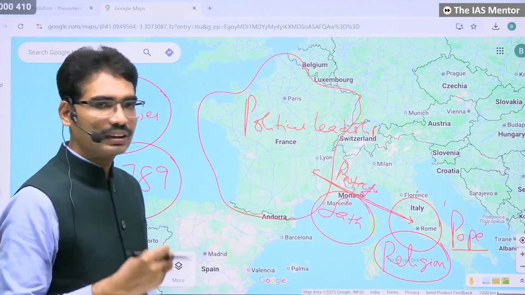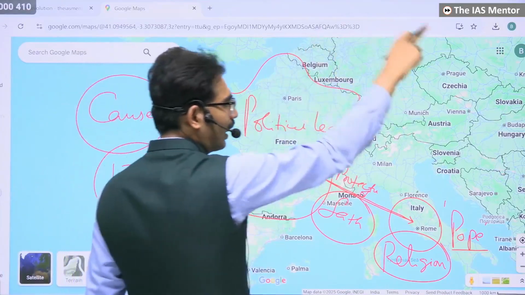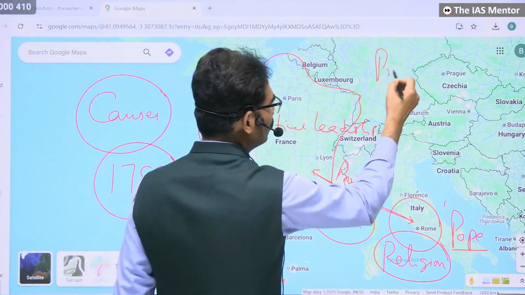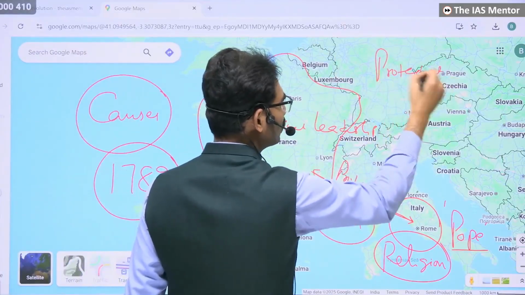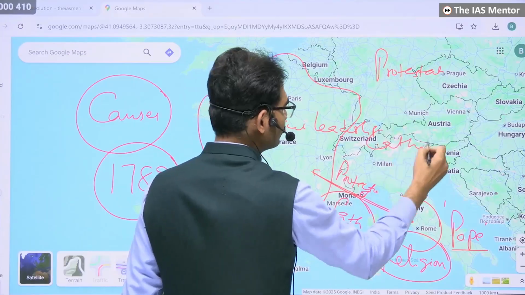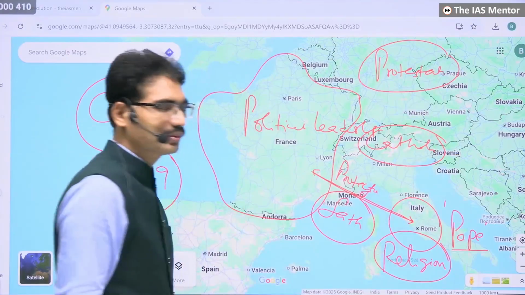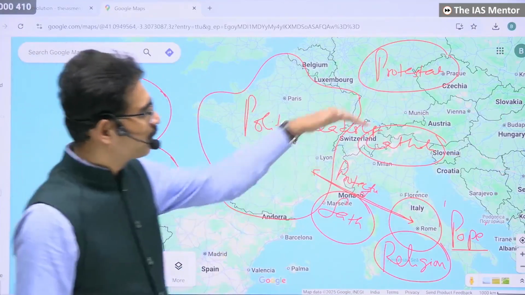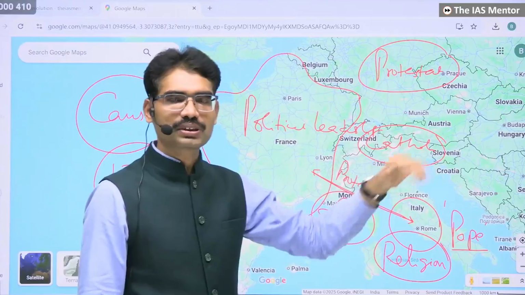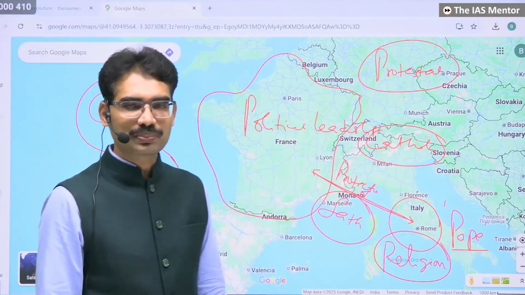If you remember, entire Europe was divided into two groups: the Protestant group and the Catholic group. Catholicism means what the Pope is propagating. Protestant means against the Pope's principles, against the Roman Catholic Church's principles.